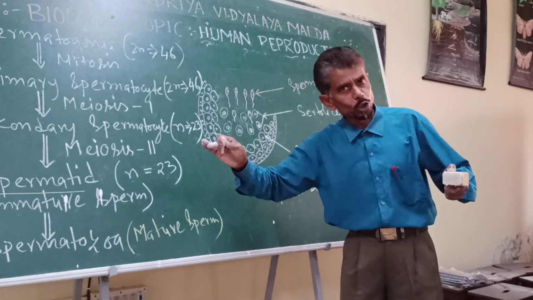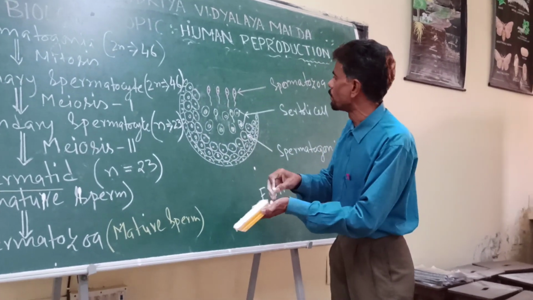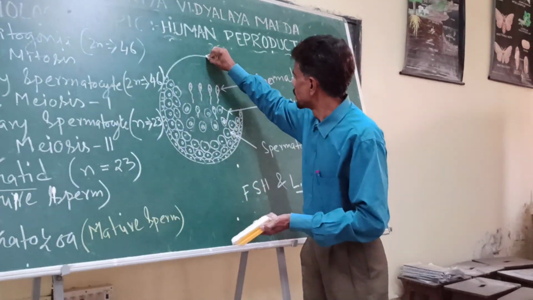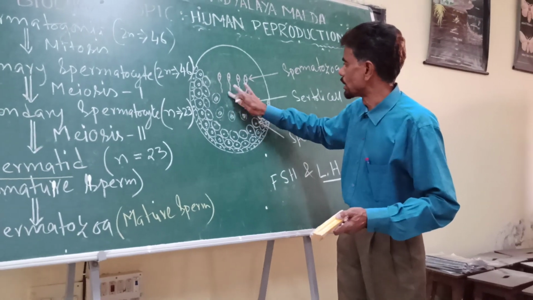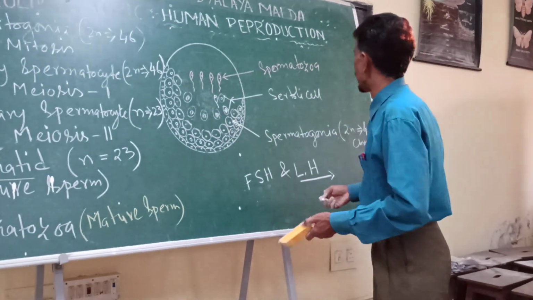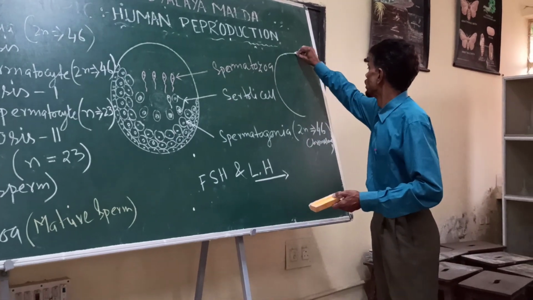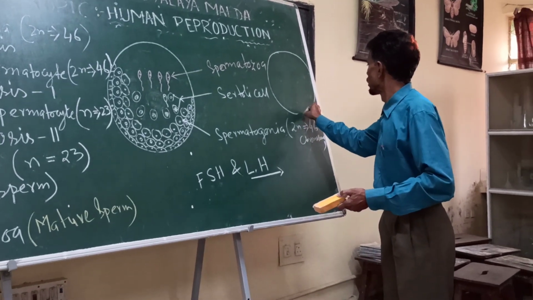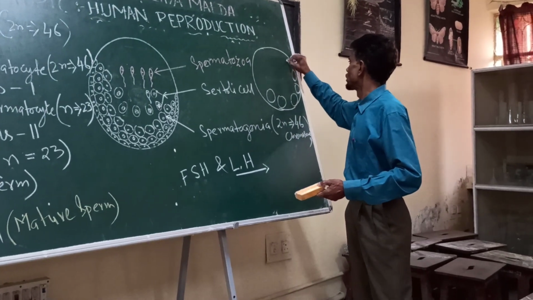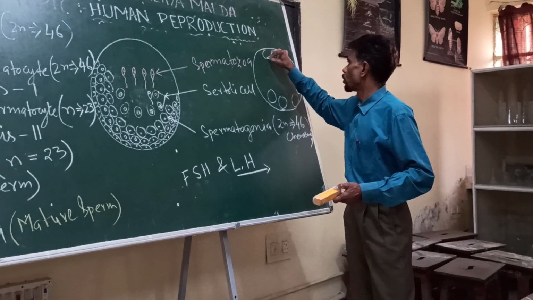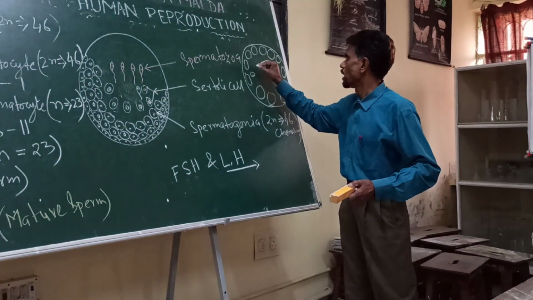Once the spermatozoa form, they come towards the lumen of the seminiferous tubule. This is the spermatogonial cell. These are the Sertoli cells.